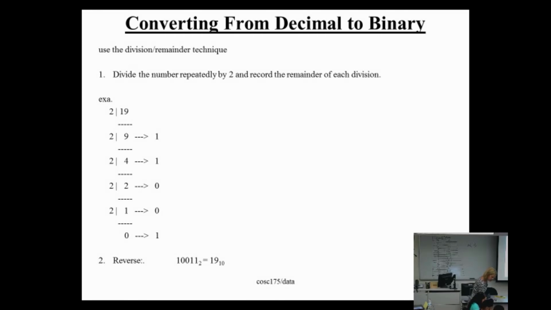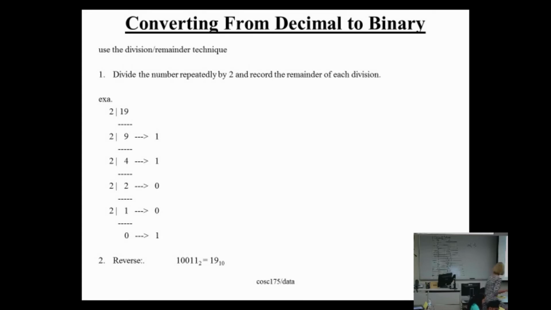Okay, 0 remainder. 2 goes into 1 how many times? 0. And there's a remainder of 1. If you try to take 2 into 1 and it goes 0 times, there's still that 1 left.